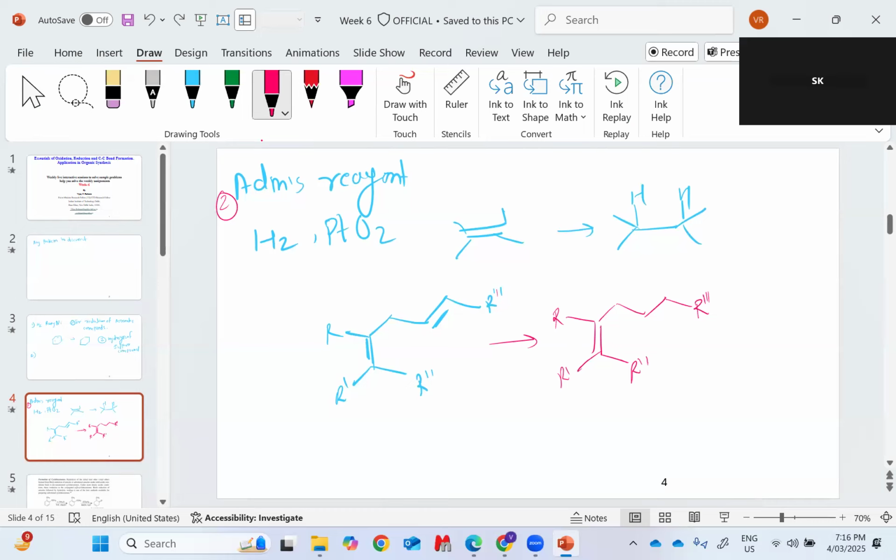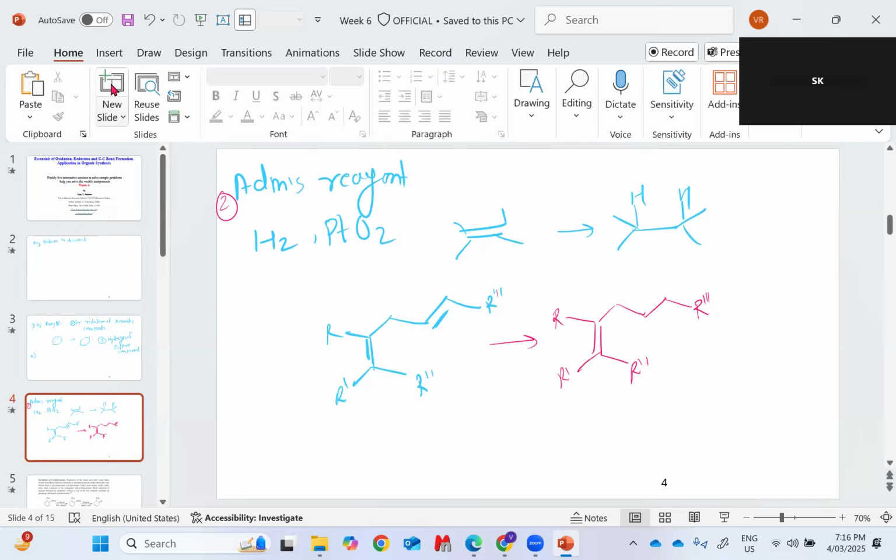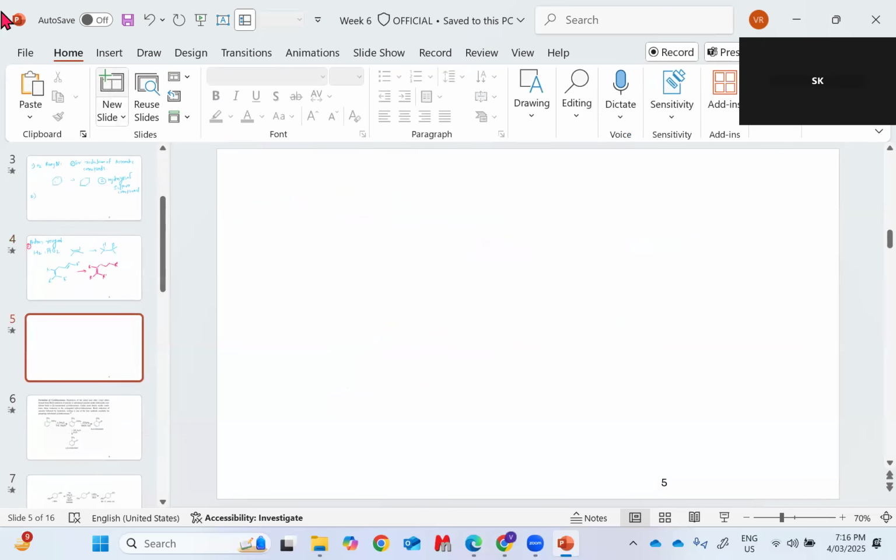Similarly, if you look at some more reducing reagents for such reactions, the next reagent is the combination of H2 and Pd/C. Palladium is supported on activated carbon or charcoal. So H2 Pd/C is also one of the reagents we can use for the reduction of, obviously, the carbon double bond carbon.